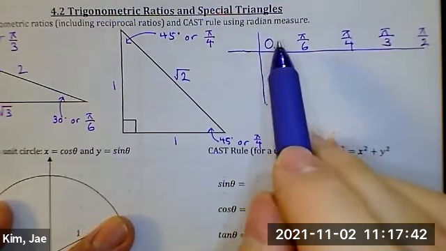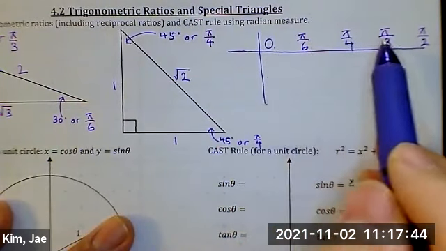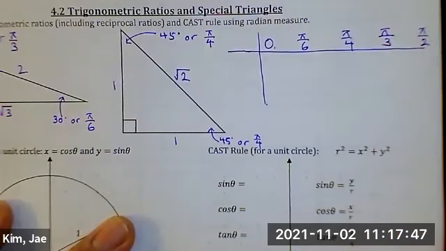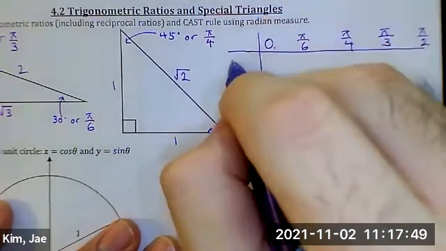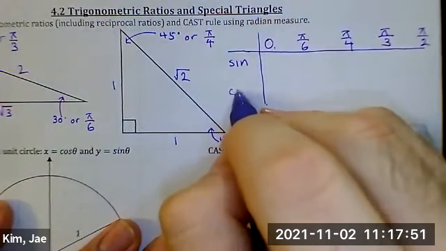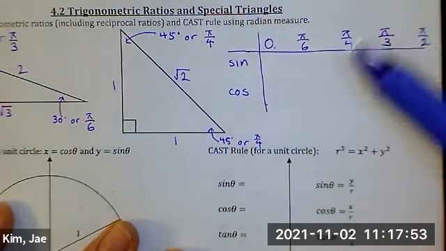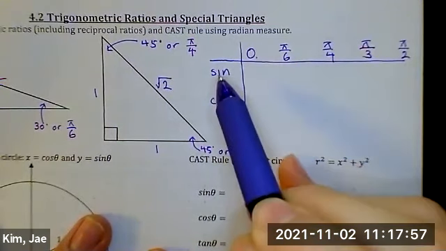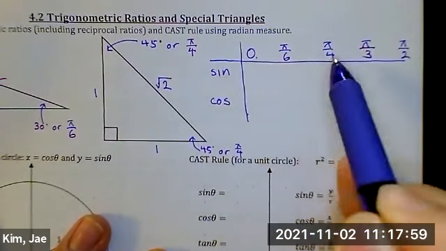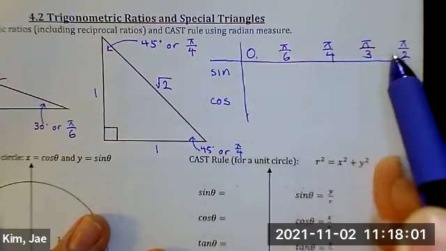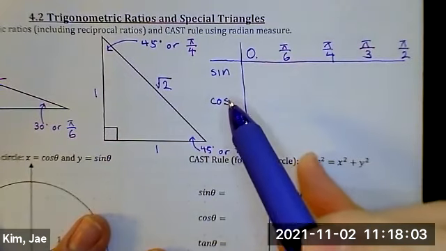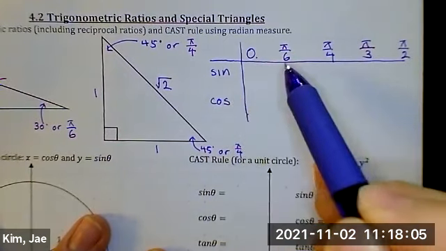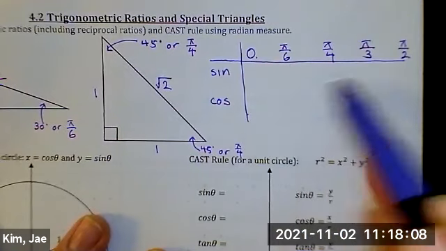And in case you forgot, that's 0 degrees, 30, 45, 60, 90. So this chart is supposed to tell you what is sine of 0 degrees, sine of 30, sine of 45, sine of 60, sine of 90. Same thing with cosine. Cosine of 0, cosine of 30, cosine of 45, cosine of 60, cosine of 90.